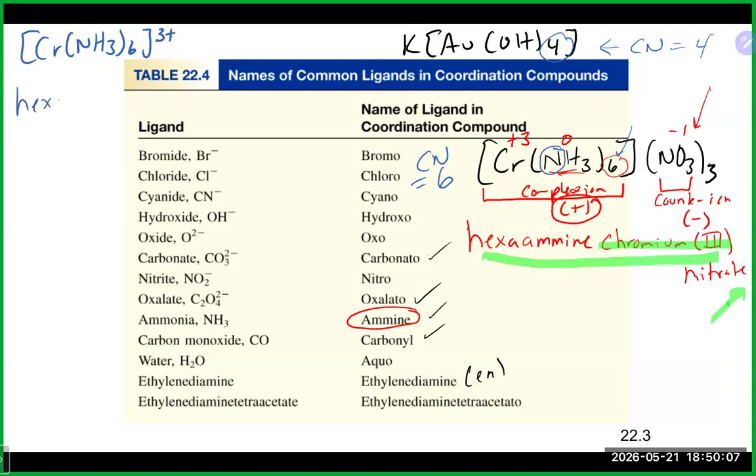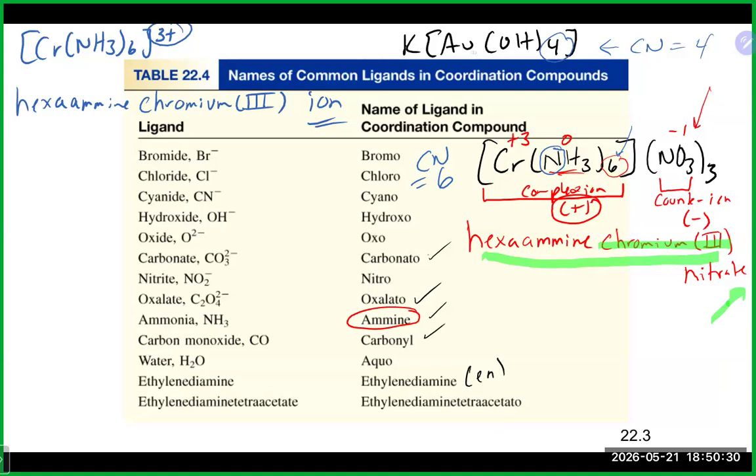This would still be hexaamine chromium, Roman numeral 3. The only difference is instead of the counter ion, this is now just an ion. We just put ion at the end instead of whatever the name of the counter ion is. So that would be the hexaamine chromium 3 ion.